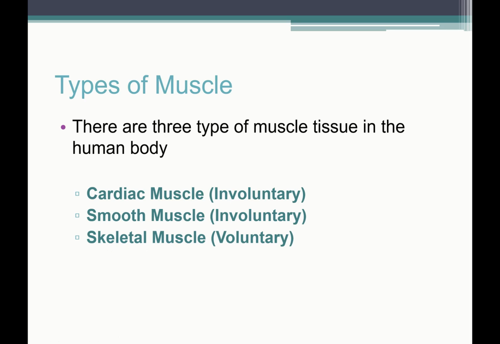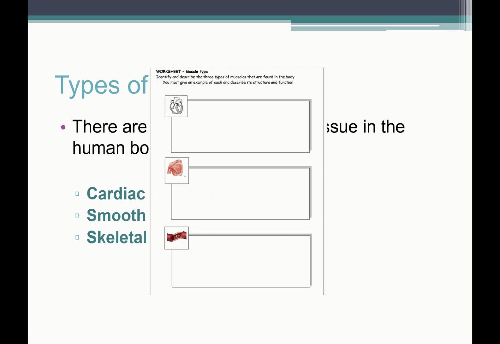Each one has its own set of characteristics which you need to be aware of. As we go through the next few slides talking about each individual type of muscle, you can make some notes in your task booklet. Again, this can provide you with revision when it comes to taking your exam.